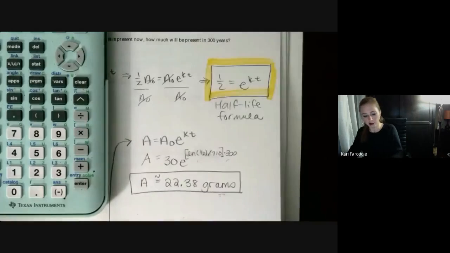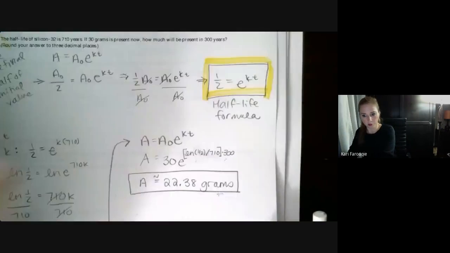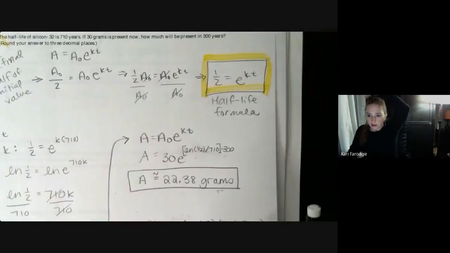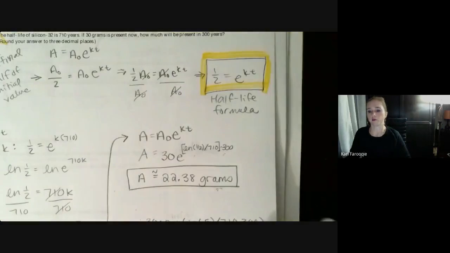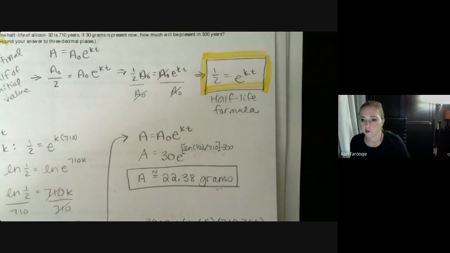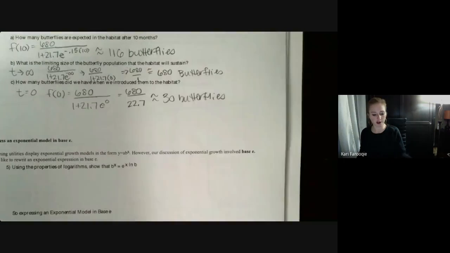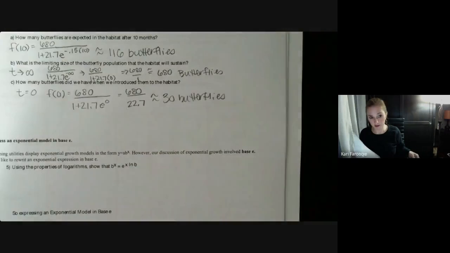So that was that. And then back to our butterfly problem. Beth says the real half-life for silicon-32 is around 150 years, but math problems that claim the half-life is 710 are super common all over Google search results. Interesting. I wonder why. I actually don't even think I put these notes together.